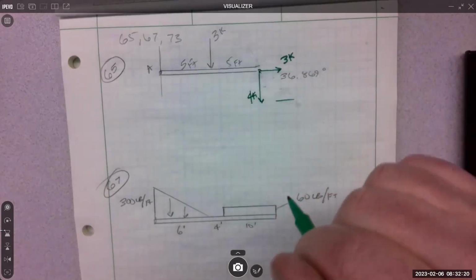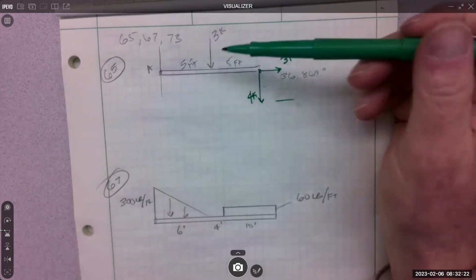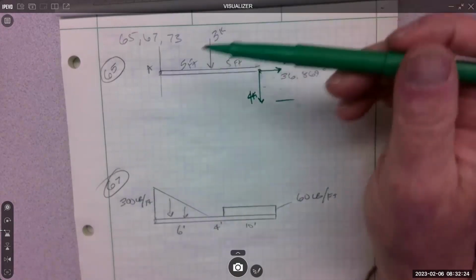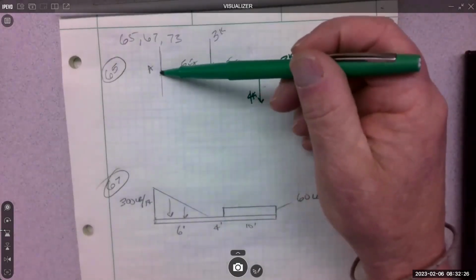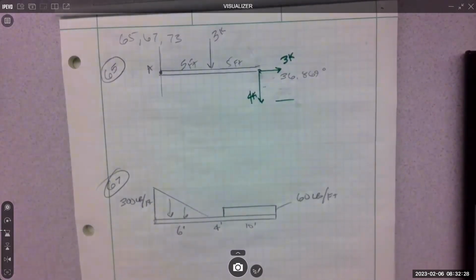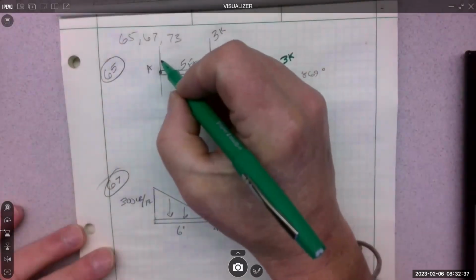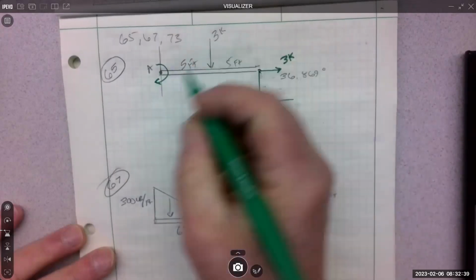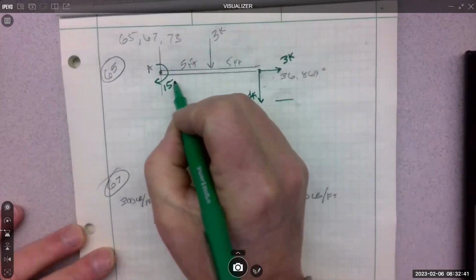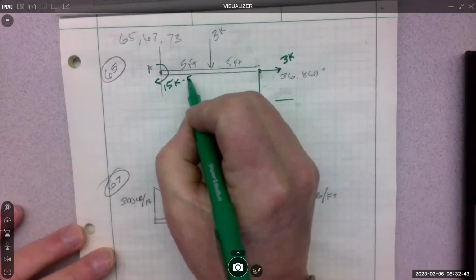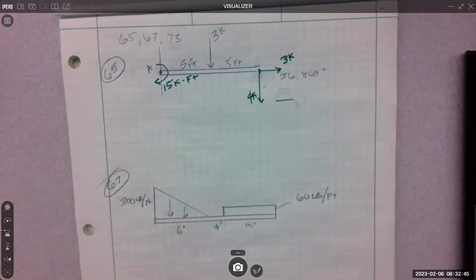All right, now we have it into its components. They want to know the moment, right? So what's the moment of the 3K about point A? Yeah, 3 times 5, right? 15. Which way does it go? Yep, 15 kip feet. So now the 3 is moved. Its rotational effect is moved.